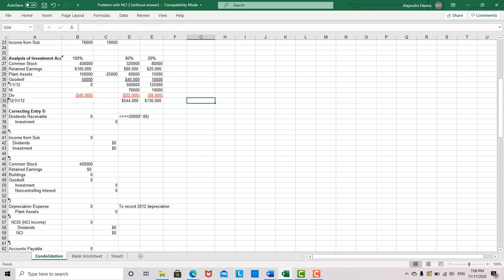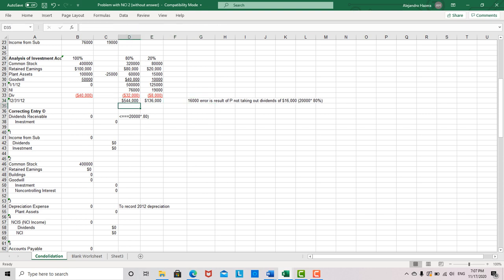And the $16,000 error is the result of P not taking out dividends of $16,000 from its investment account, and that's $20,000 times the 80% ownership.